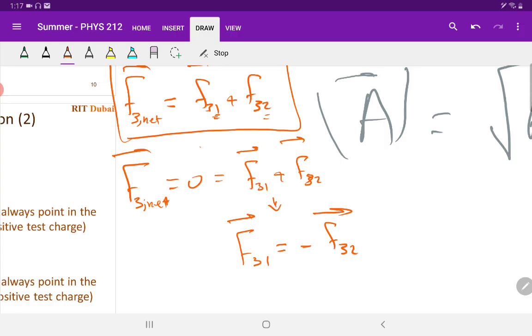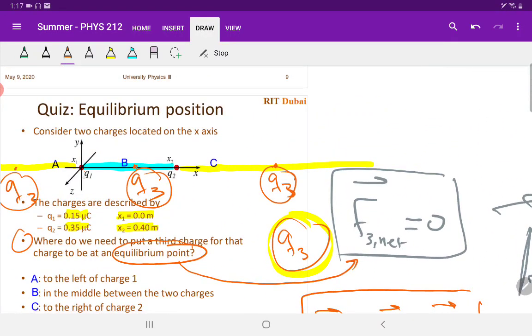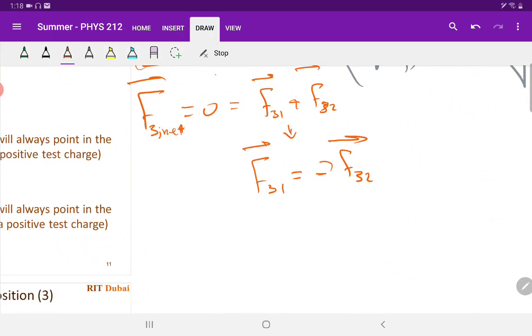What's the meaning of that? It means the force that Q1 exerts on Q3 should cancel the force that Q2 exerts on Q3. So I will look for the region that satisfies this condition, that these two forces should be opposite to each other.